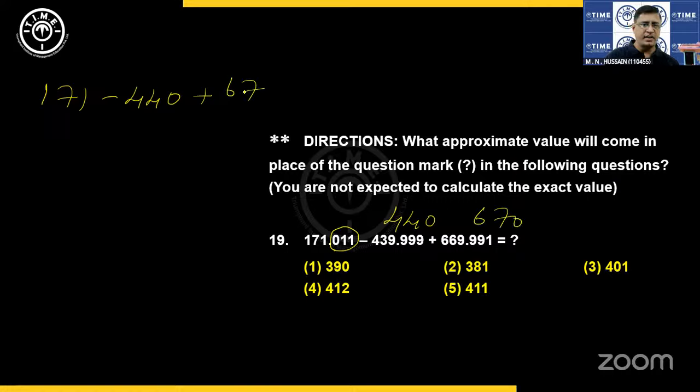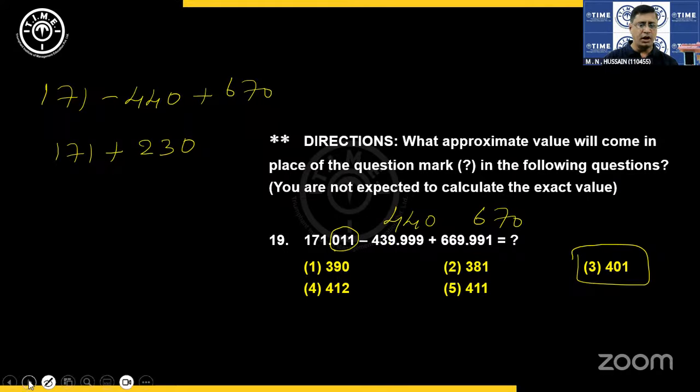So 670. 70 minus 40, that is 30. 600 minus 400, 200. So 230 plus 171. Now the right choice is option number 1. That is 401. That is the choice.